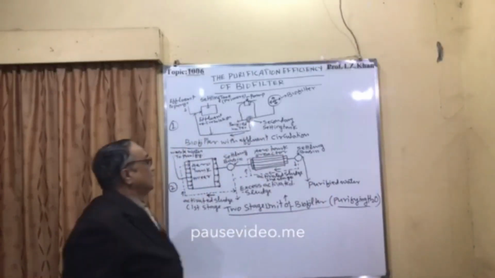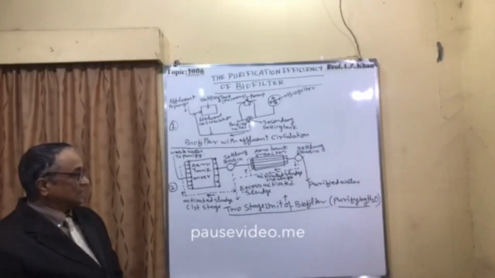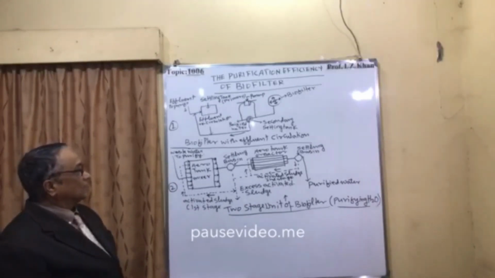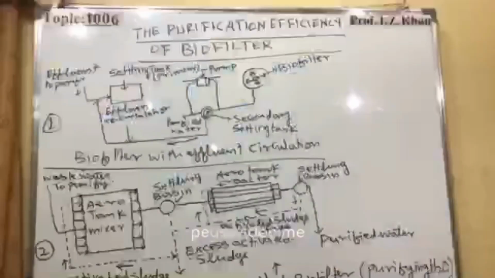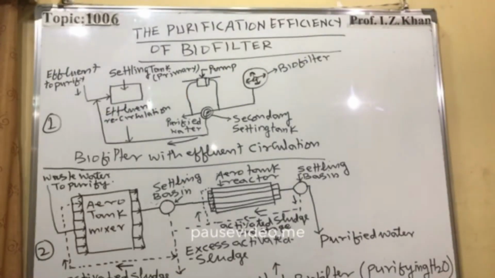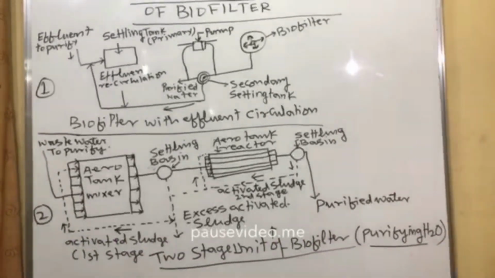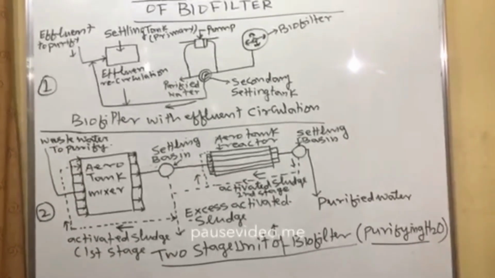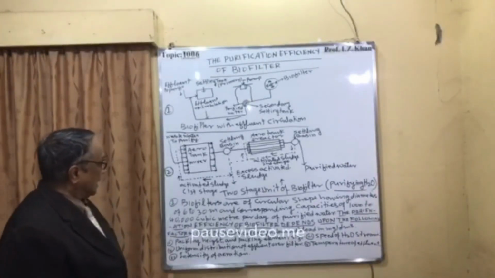So these are all sketch diagrams of the two-stage unit of biofilter and biofilter with effluent circulation method. Here already it is given in these two diagrams.